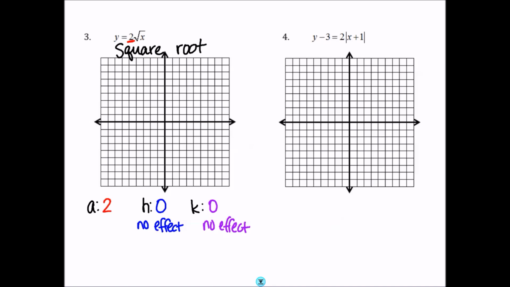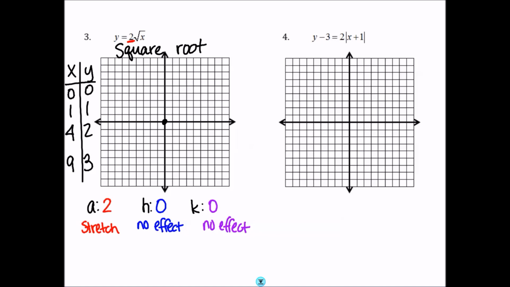So since a is 2, this is going to stretch the graph. So we're not moving it, we are just stretching it. So if I write out the xy chart for square root function, now my starting point is going to be at h, k, which is 0, 0.